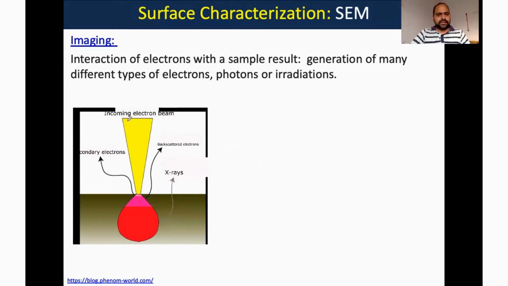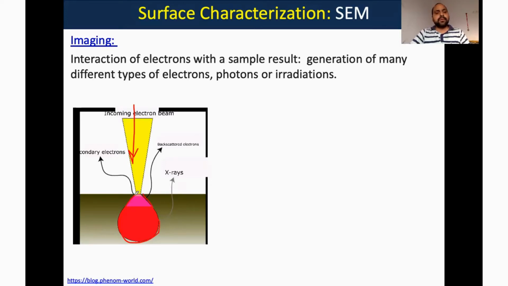So let's say this is our upcoming beam. Here this is our sample. If you see the cursor, this is the sample. The beam is interacting here. So this is the interaction volume, the quality of the picture, and your resolution.